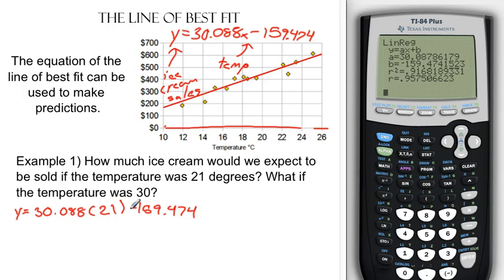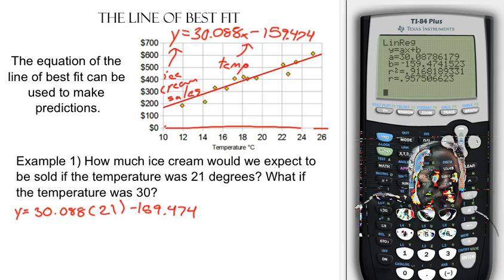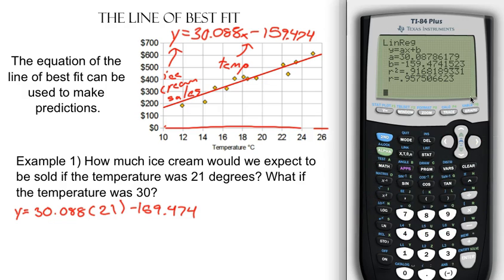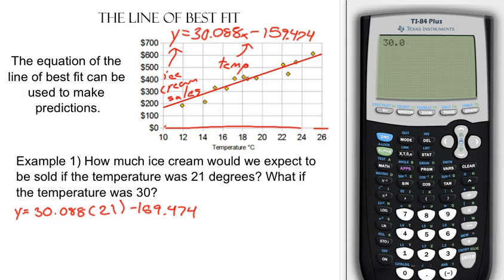And then I need to input that into a calculator, which fortunately I have right over here. So let me clear out this data here. Hello, calculator. Thank you. And now I can just type in 30.088 times 21 minus 159.474.